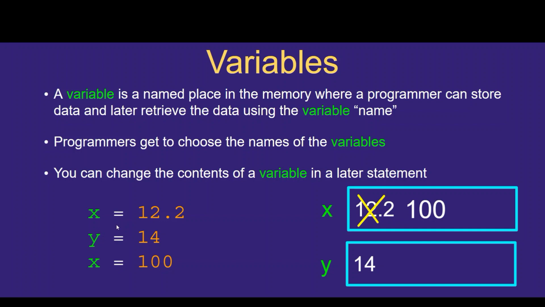Remember that initially x is equals to 12.2 and y is equals to 14, but now x is equals to what? Which means that the original x has been cancelled and replaced with 100. Do you get it now?